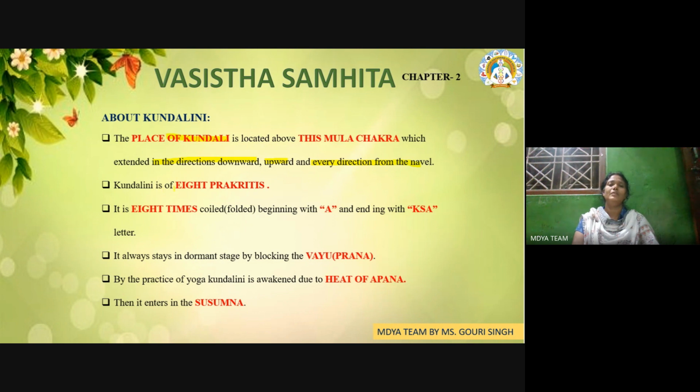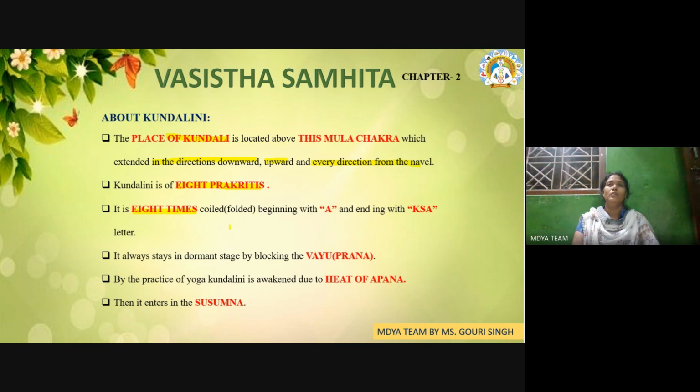Now it is a little bit clear about the Kundalini. That Kundalini is of 8 prakritis, but here no description is given of what the 8 prakritis are. It is only said that the Kundalini is 8 times coiled and folded.